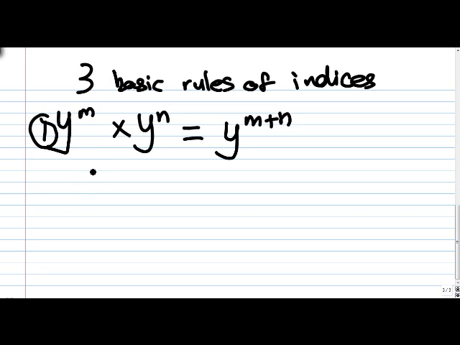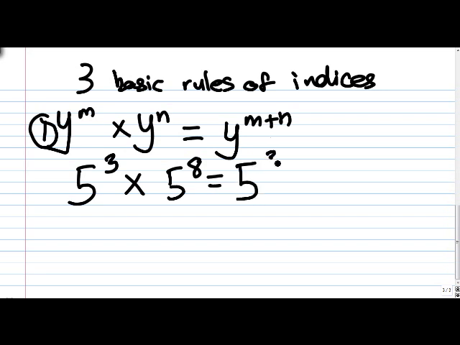Let me give you an example here. 5 to the power 3 times 5 to the power 8 is actually 5 to the power 3 plus 8, which is 5 to the power 11.